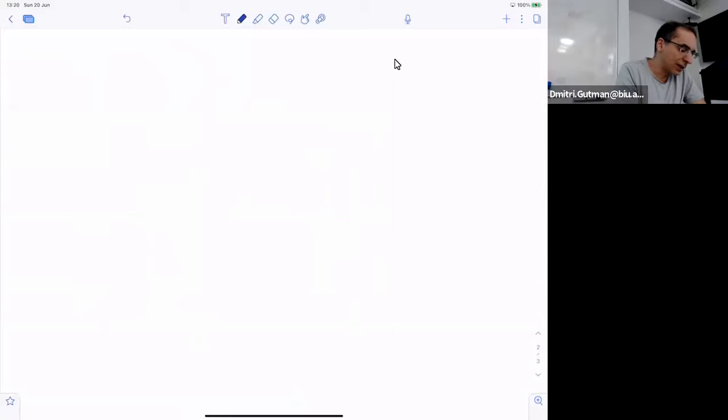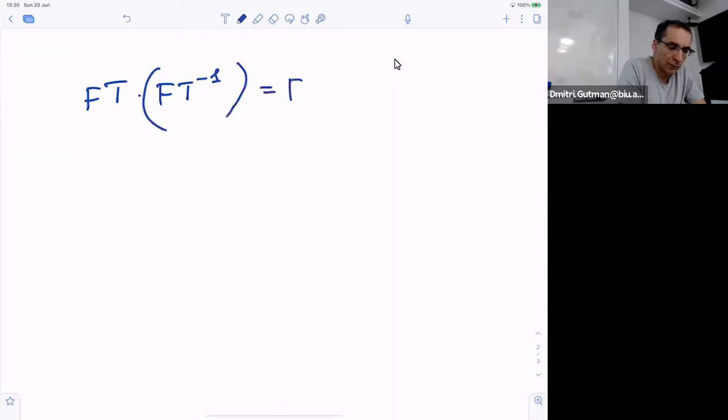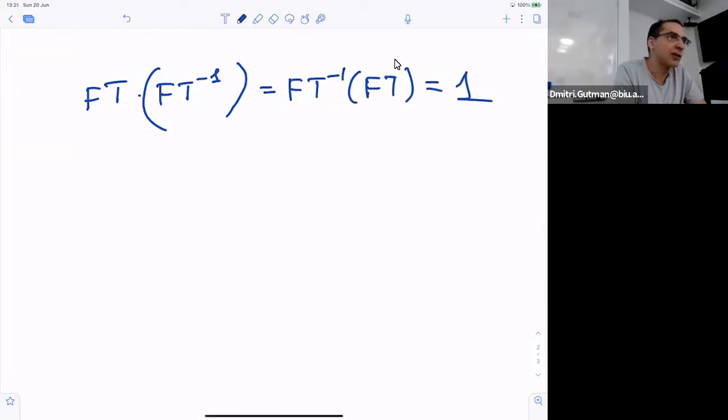Let us see that Fourier transform and inverse Fourier transform are indeed an identity transformation. So if I apply Fourier transform and then inverse Fourier transform, or the other way around, I didn't change the function. That's the point.